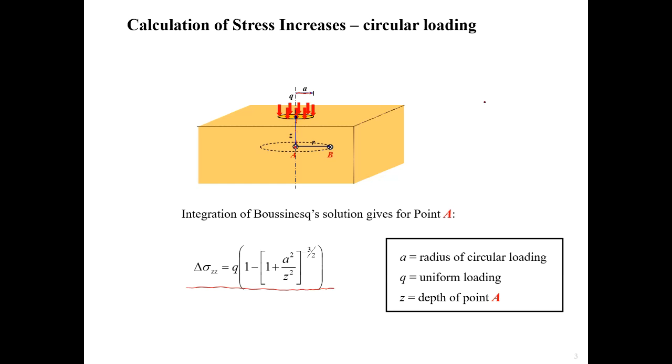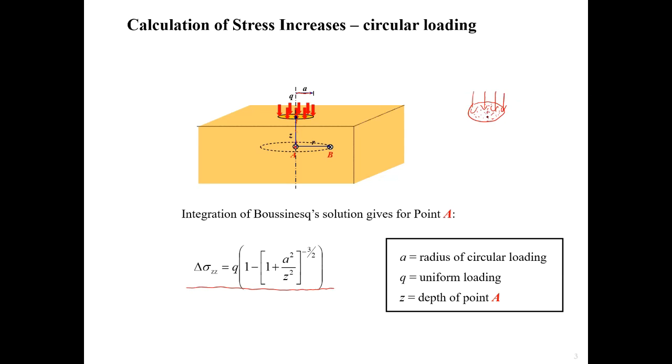If you have a circular loading, you do the integration. Actually that's a sum of the previous line load or point load. If your loading area is a circular area, then you can come up with this analytical solution.